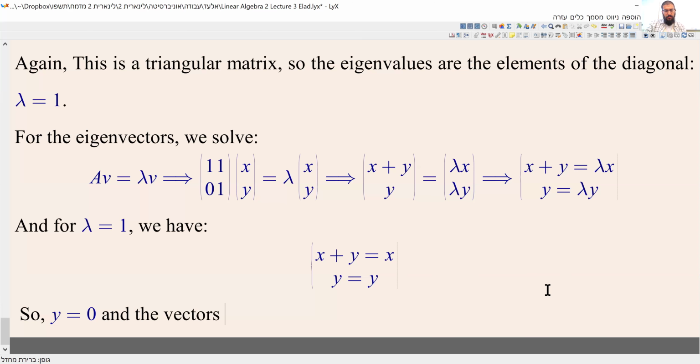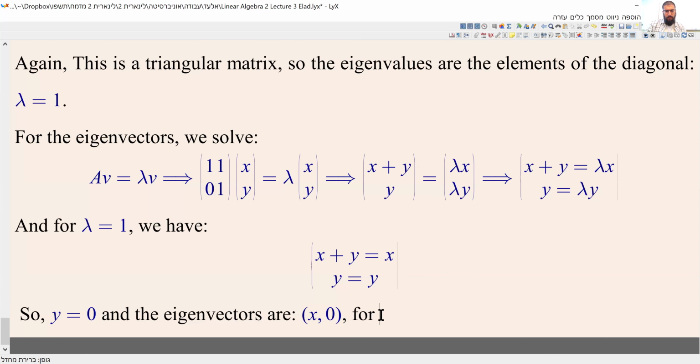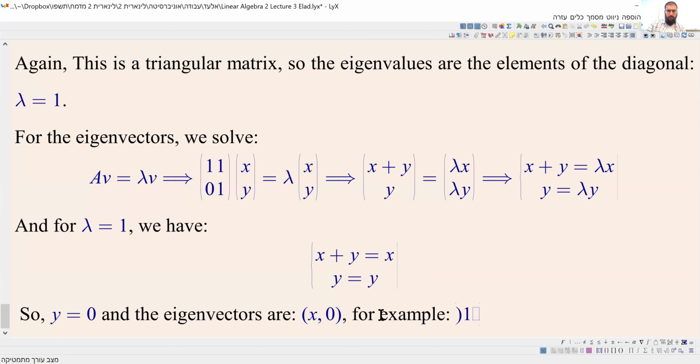And the eigenvectors are x and 0, for example 1, 0.